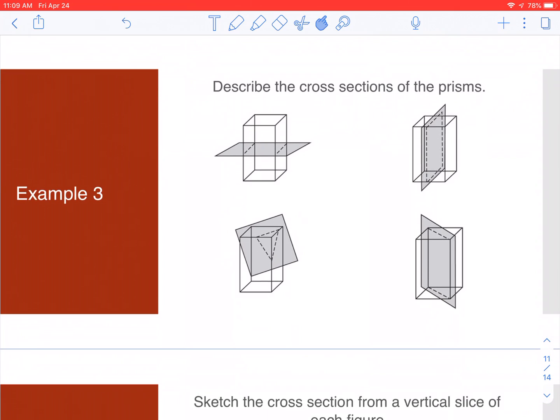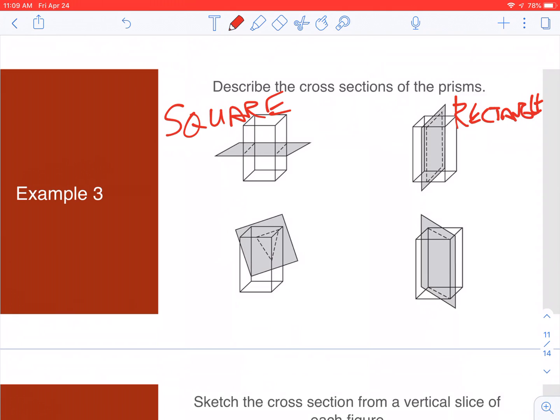Okay, describe the cross section of this rectangular prism. First one straight across here is what the base is. So the base is a square. Okay, if you look at this one here, to the right, it is a rectangle. It's cut straight up and down.